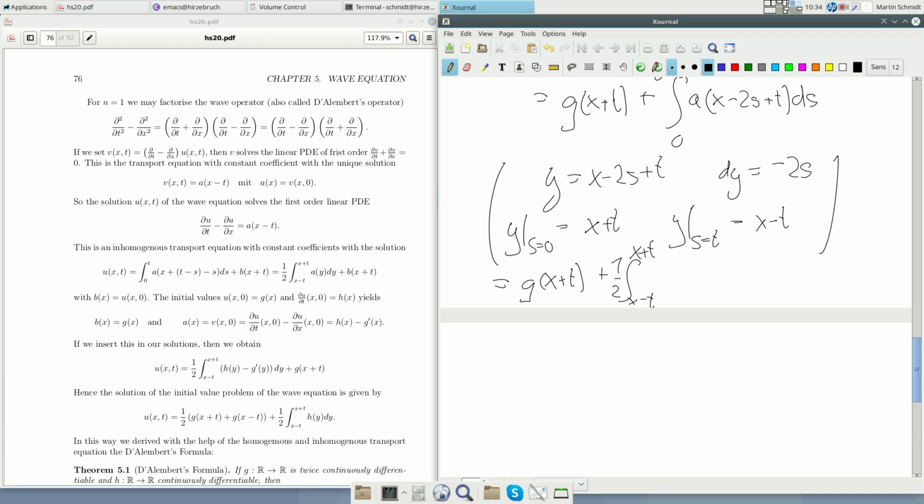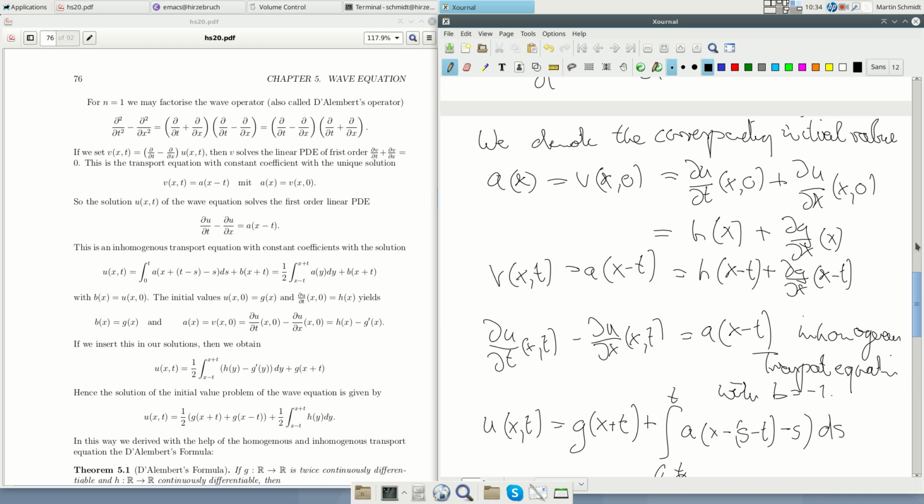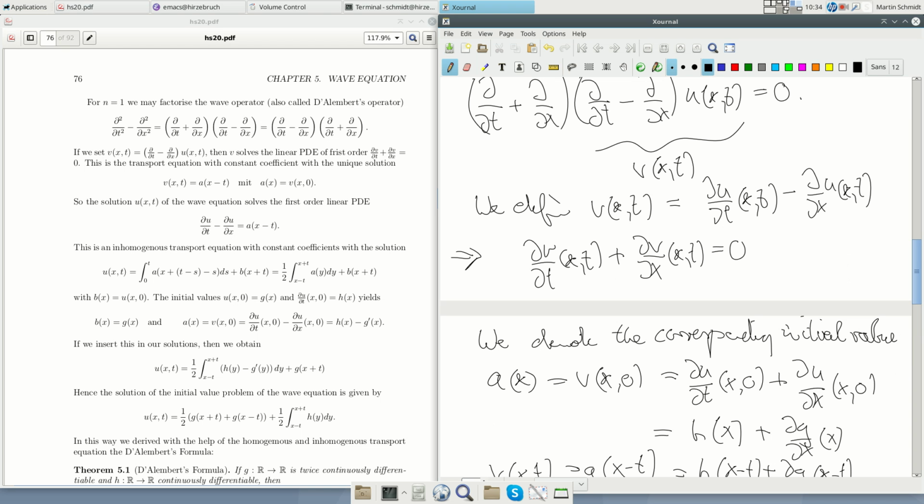So now we insert that a is h plus the derivative of g, then we get h of y plus, no, it should be minus. Sorry, this is the definition, so there's again a mistake.